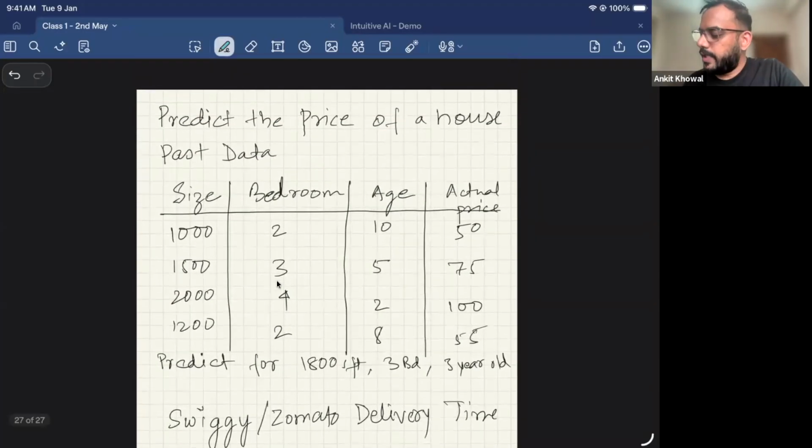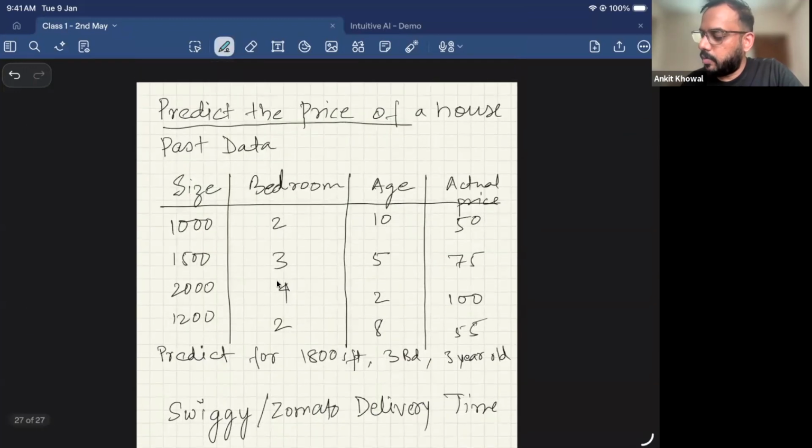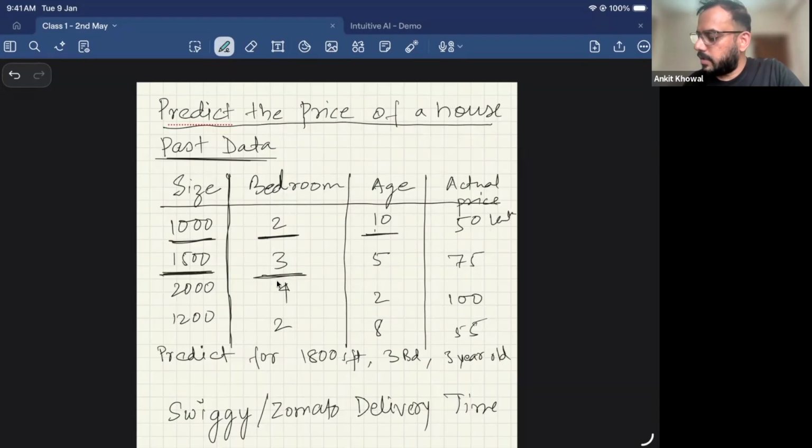Sure. So if you relate it to a real life example, let's say you have to predict the price of a house. Now let's map it to a real life example. You have these inputs: the size of the flat is this much, it has these many bedrooms, and the house is 10 years old. The price is 50 lakhs, let's say. Then I have more past data where the size of the flat is this, the bedroom count is this, the age is this, and the actual price is this many lakhs.